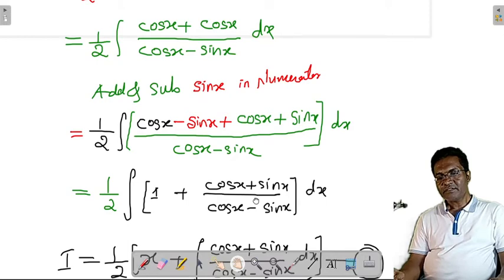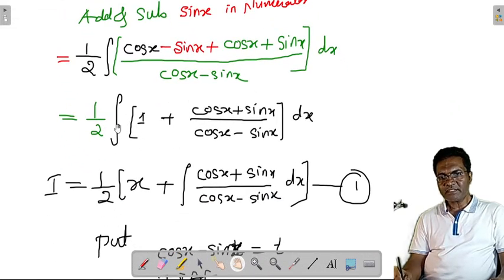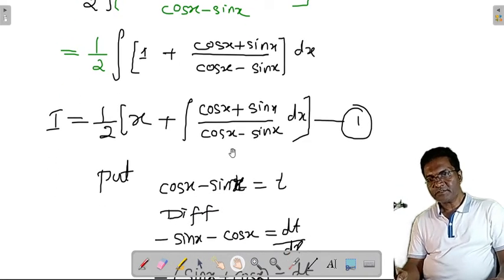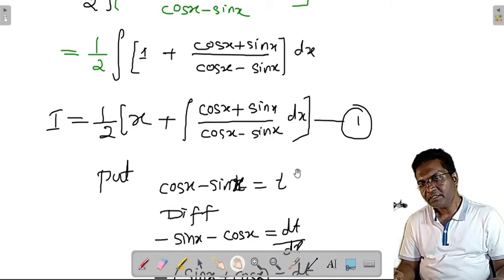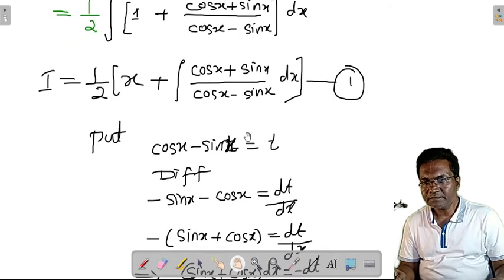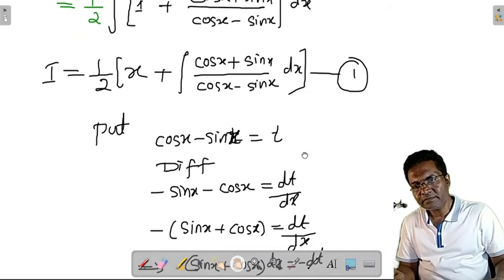Okay, so now you make a substitution. Integration of 1 is x, so I have written integration of cos x plus sin x by cos x minus sin x. Now if you substitute this, you will get this as the derivative. Look here, I have substituted cos x minus sin x equals t.